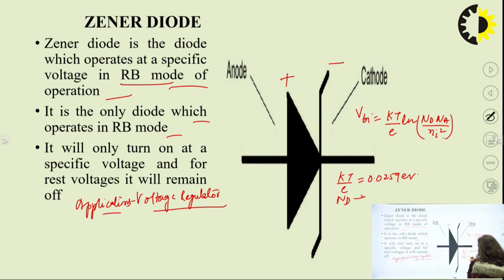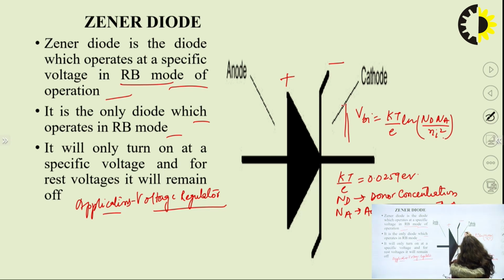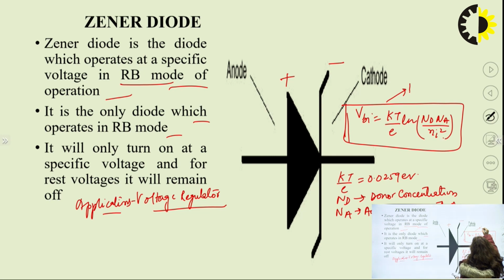ND is basically the donor concentration and NA is basically the acceptor concentration. So by this formula we can calculate for both, either a PN junction or a Zener diode, in the case of forward biasing.